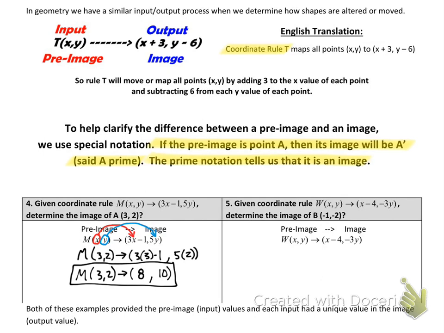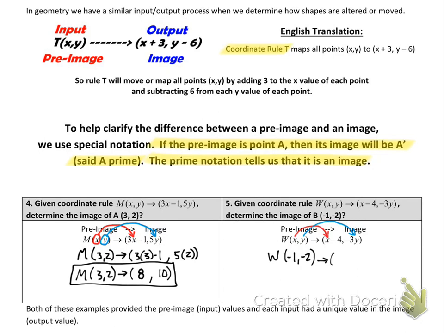So make sure that in this case, you're doing W of -1, -2. That's your input. So they tell you this is point B that we're going to be evaluating this for. And now, remember, your X value gets substituted in for X. Your Y value gets substituted in for Y. And then you just evaluate.